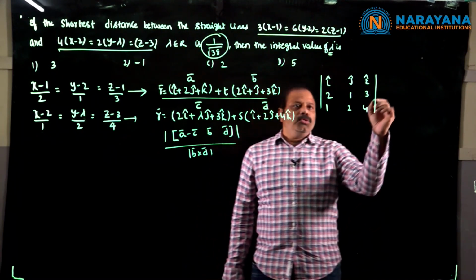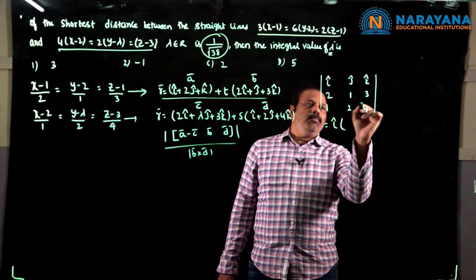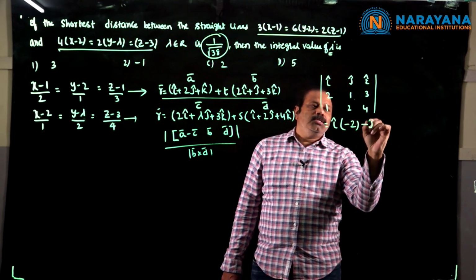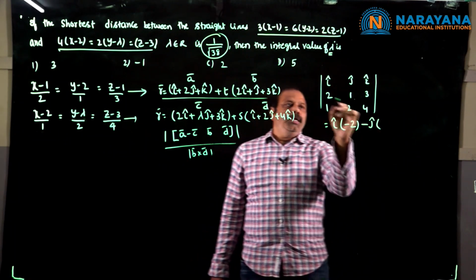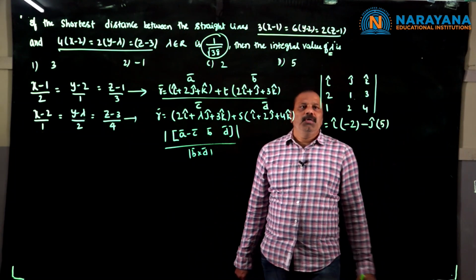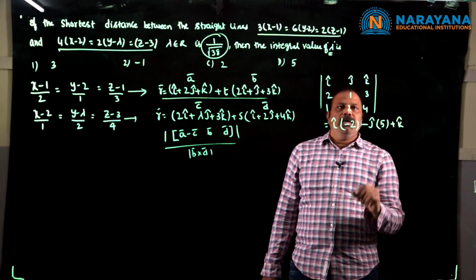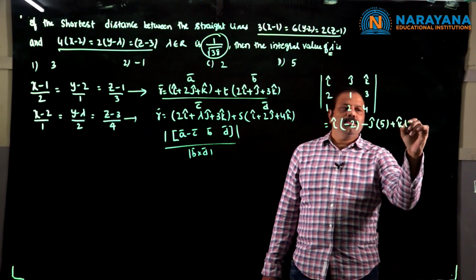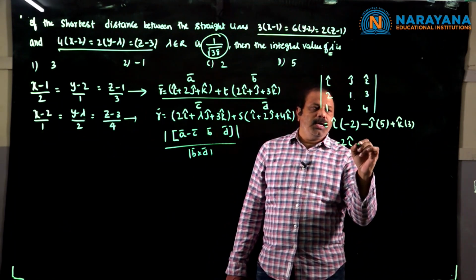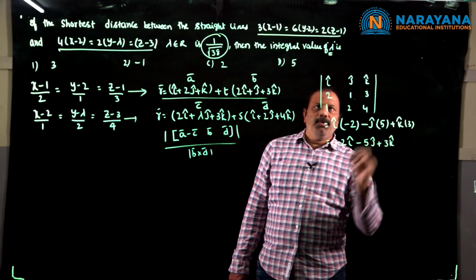Now, i cap times (4 minus 6, means minus 2), minus j cap times (8 minus 3) is 5, plus k cap times (4 minus 1), 3. Therefore, this is nothing but minus 2i cap minus 5j cap plus 3k cap.